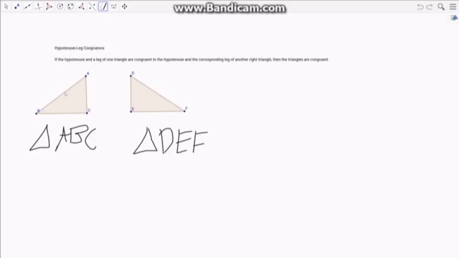If one hypotenuse and one leg, let's just choose side AC, is congruent to the hypotenuse of triangle DEF and the side DE, that means triangle ABC is congruent to triangle DEF.